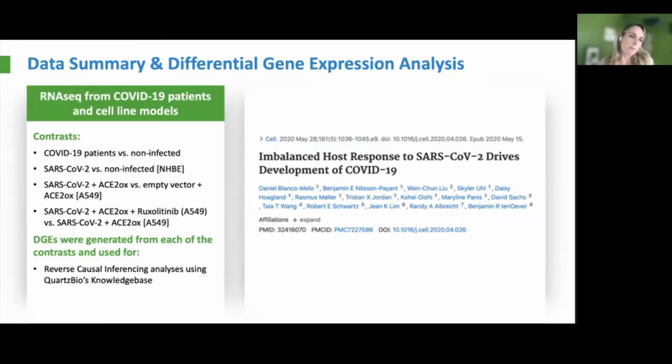So what they did here was they overexpressed ACE2, and then they added SARS-CoV-2 so they could actually infect the A549 cells. And the last contrast that they had was this A549 model, where they also treated those cells with ruxolitinib. So they were really looking to first explore cell line models of COVID pathogenesis and also the impact of a potential therapeutic.